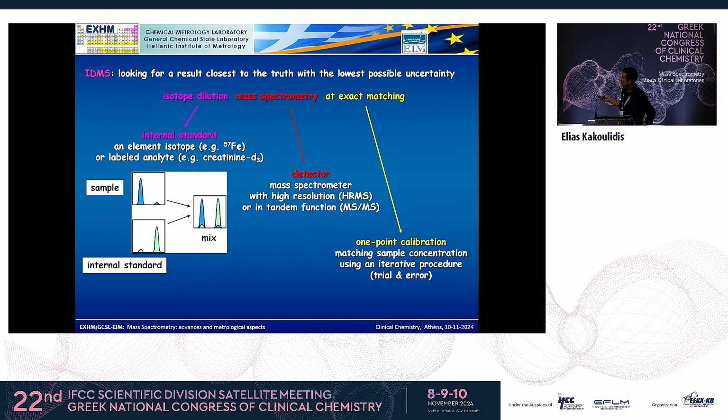So we measure the isotope ratios of the analyte and the internal standard, and we use this as a signal and not the particular signals of the compounds. This gives us the advantage that we reduce, hopefully to zero, the matrix effects that the sample might have, and at the same time also provide a very realistic correction about the recovery of the measurements, because the labeled analytes are supposed to have the same extraction efficiencies as the measured compounds.